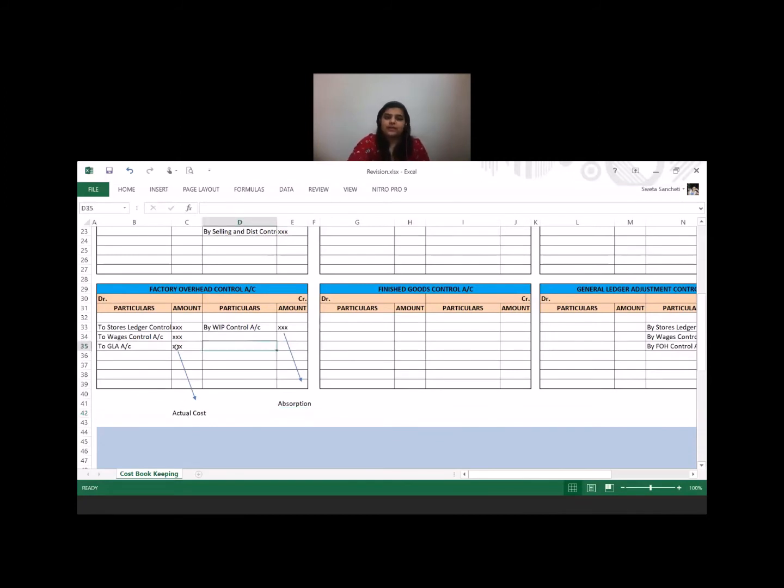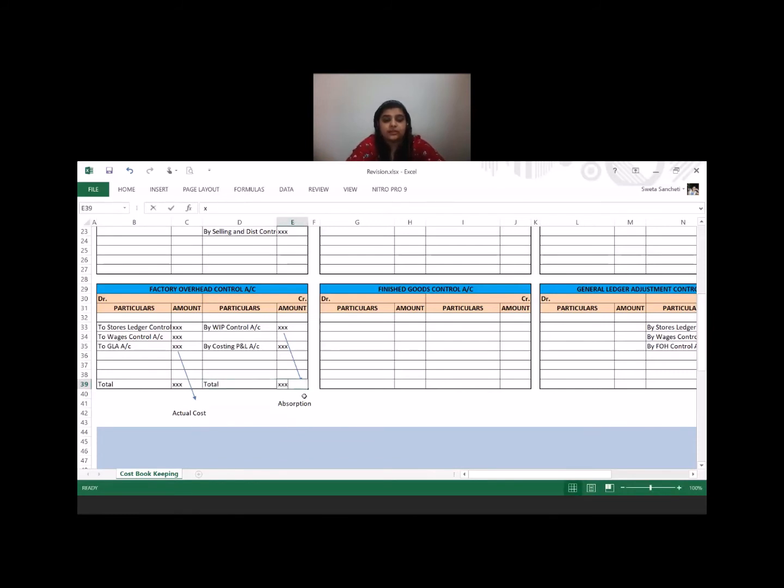So whatever is the difference between the actual cost and the absorption rate, at that rate we will give to WIP. So whatever is the difference, that goes and hits my costing P&L account. Let us say here we have under absorption. So this will go and hit my costing P&L account and I will have a total balance.